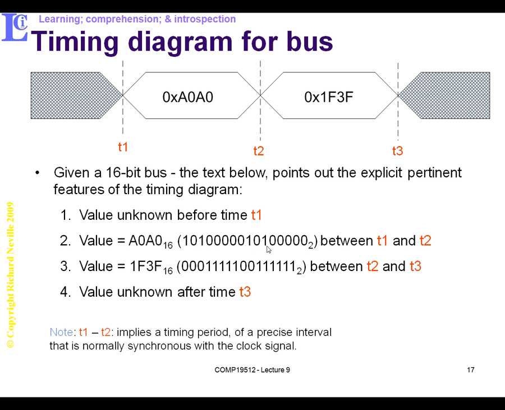Now if we look at that in base 2, we get these digit patterns, 1s and 0s. And this is between T1 and T2. Then if we look at the next value between T2 and T3, we see we have a different logic level. 1F, 3F is what it represents in hex, base 16, and this is the bit pattern, base 2. Then after T3 we see again, we don't really care what the value is, and it's cross-hatched.